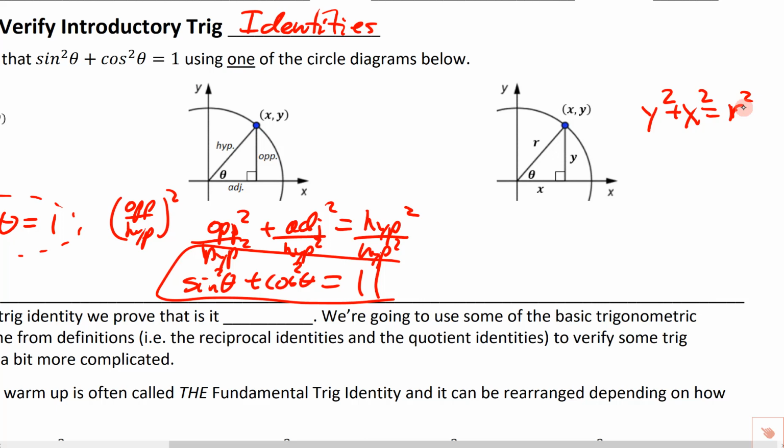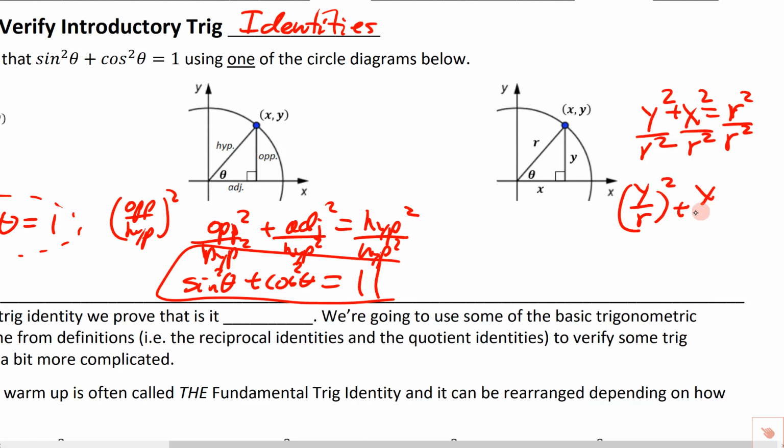And then I'm going to recognize that r just represents the hypotenuse. So I'm going to divide both sides by r squared. So this is a different, a little bit more coordinate geometry type definition of what the sine is. The sine is y over r. It's the y coordinate over the r coordinate, or over the radius.